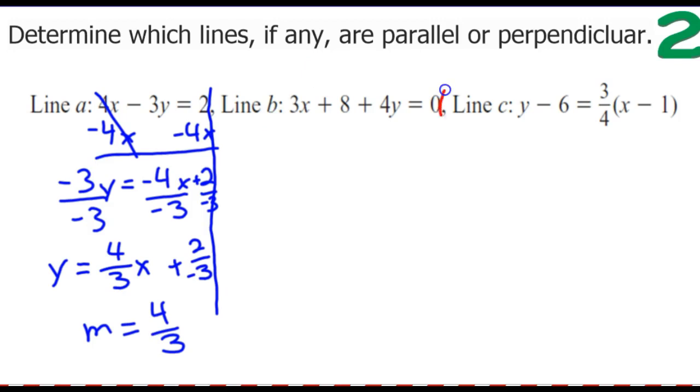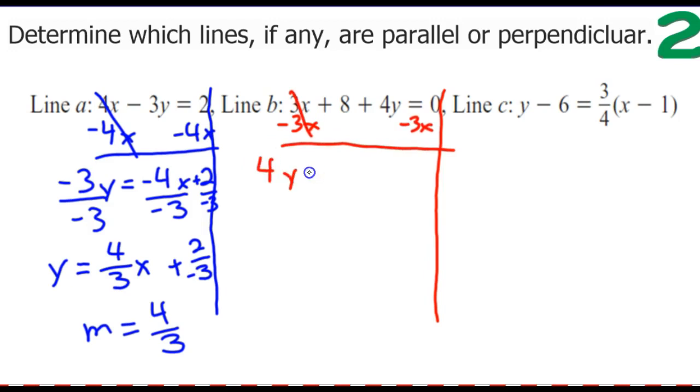Our second equation, we have to move two things. We have to move the 3x. So we get 4y plus 8 equals negative 3x plus 0. And subtract the 8.